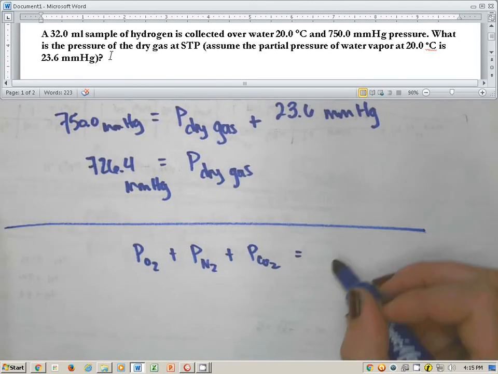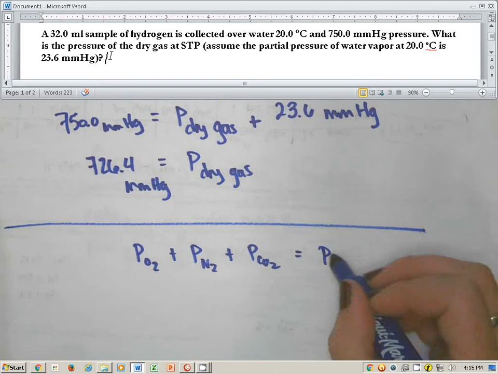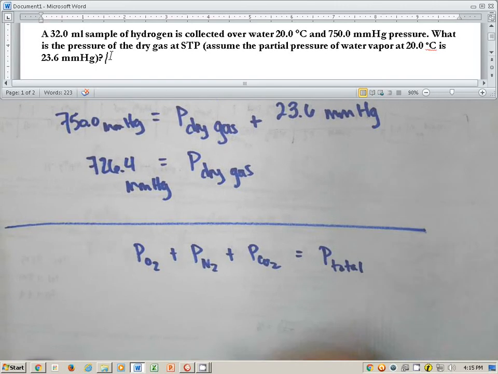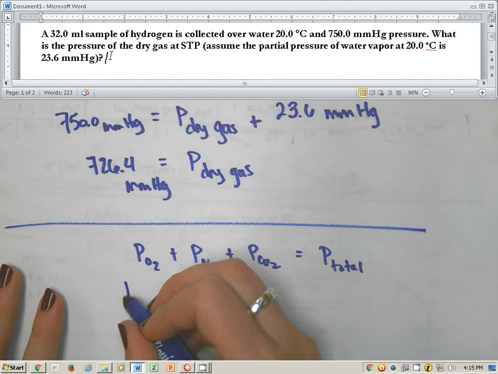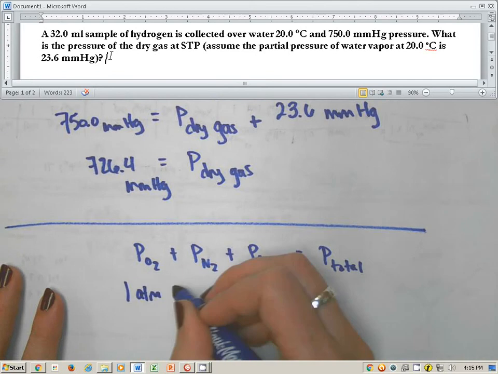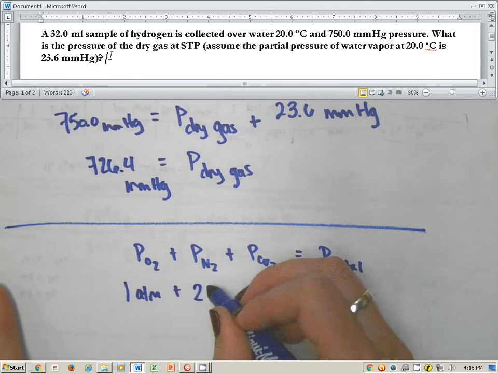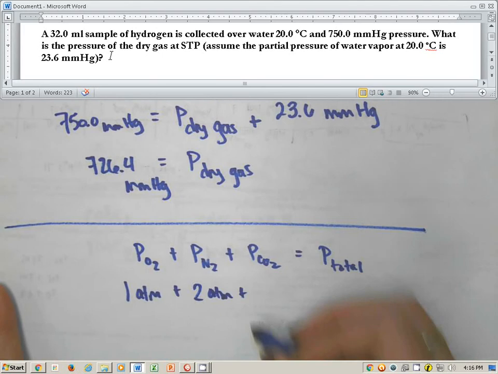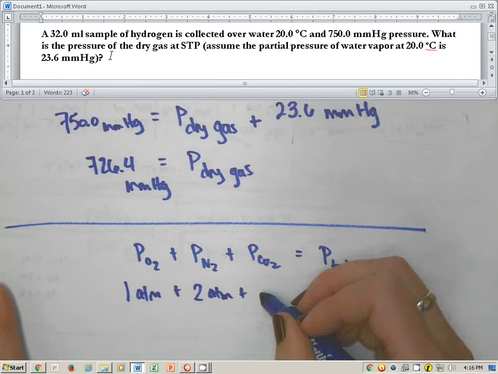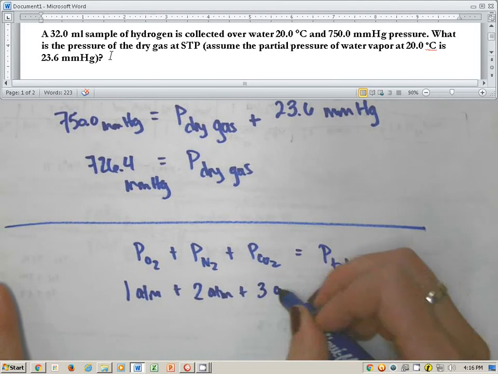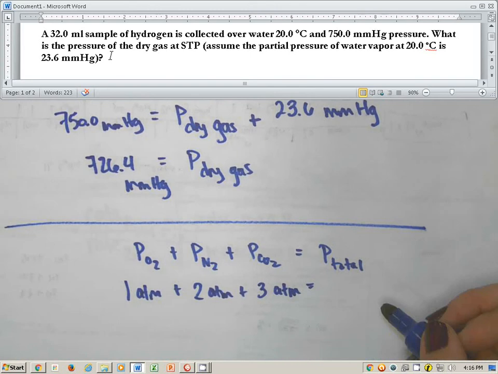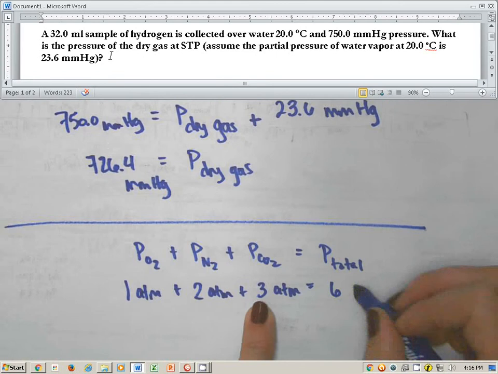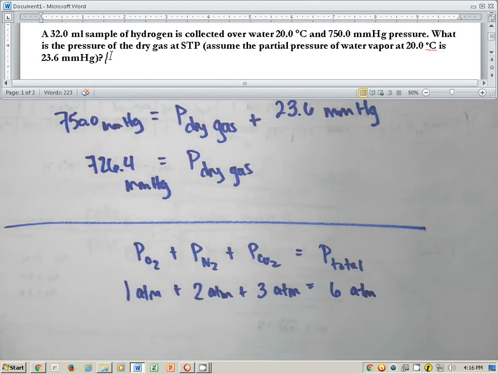If the pressure of the oxygen is 1 atmosphere, and the pressure of the nitrogen is 2 atmospheres, and the pressure of the carbon dioxide is 3 atmospheres, then to find the total pressure, all I need to do is add. So 1 plus 2 plus 3 is going to be 6 atmospheres. This looks scarier than it actually is. It shouldn't be all that bad.